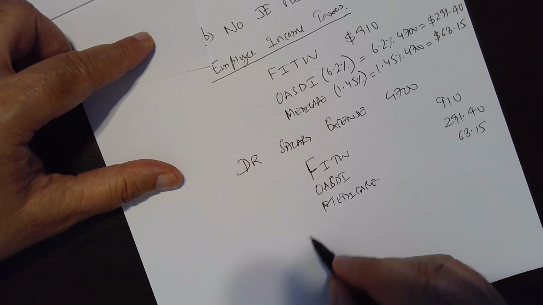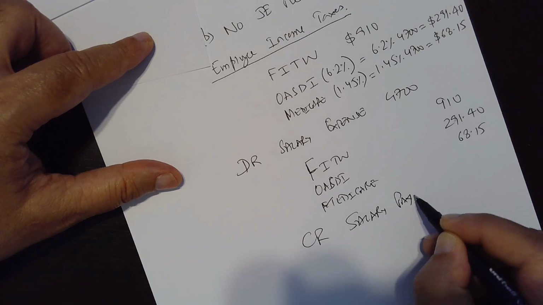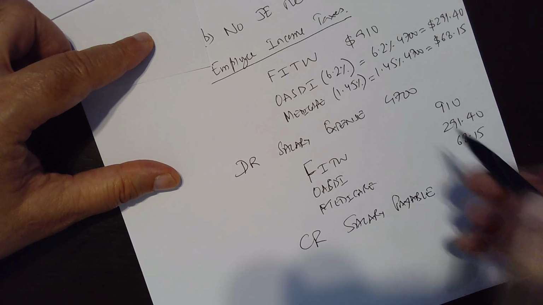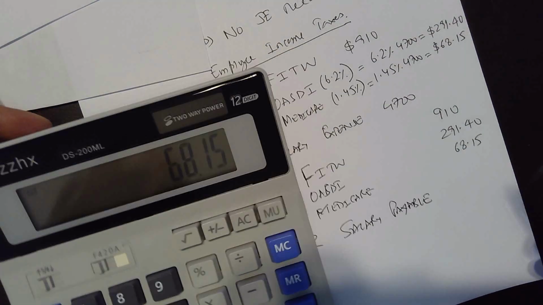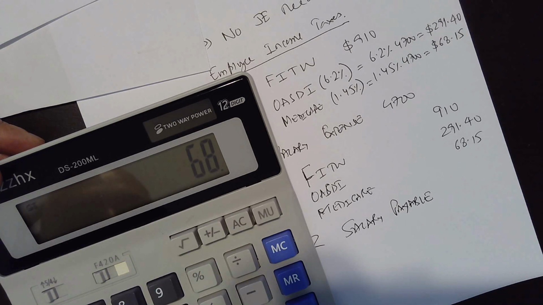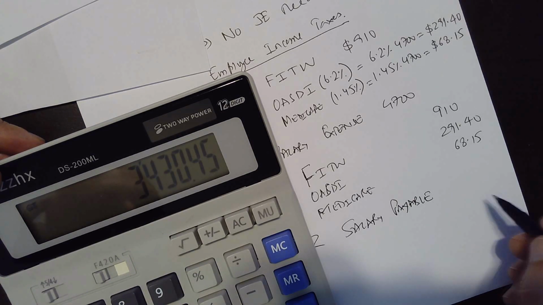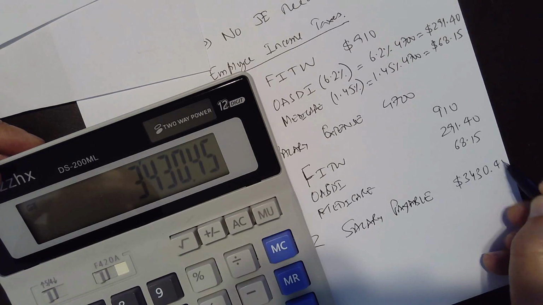So we're going to credit salary payable, which would be the difference of these numbers, and I'm going to show you why we're taking this number. So 4,700 minus 910 minus 291.40 minus 68.15, so that would be 3,430.45.